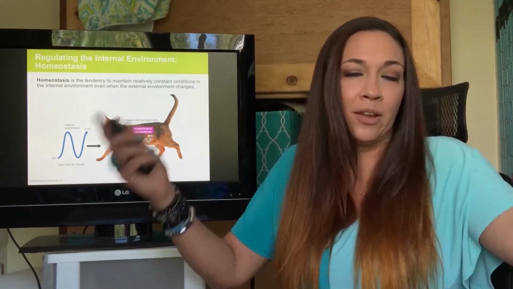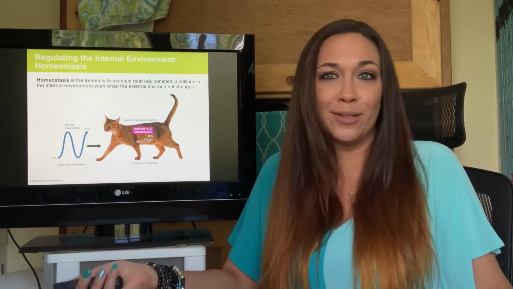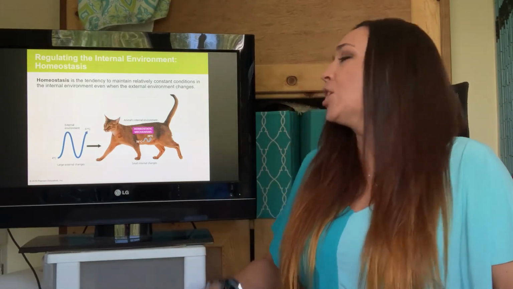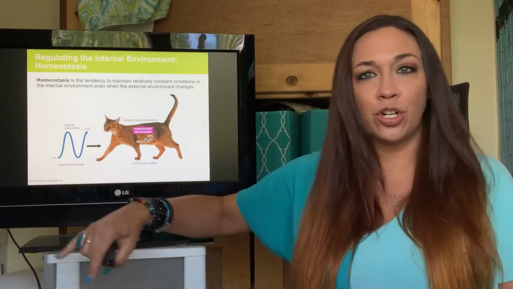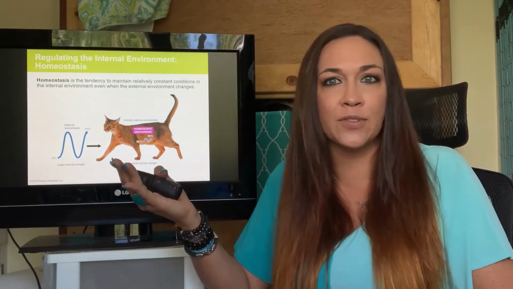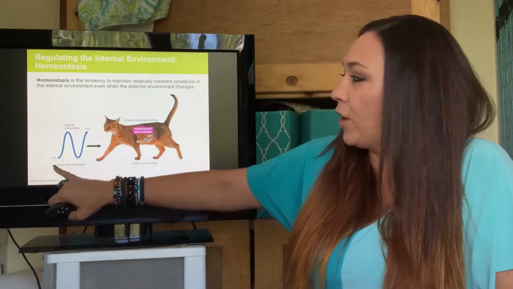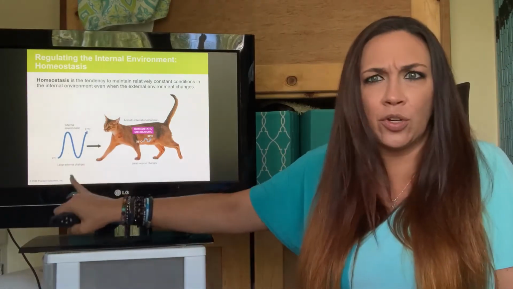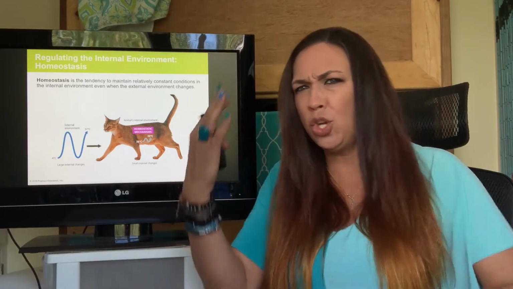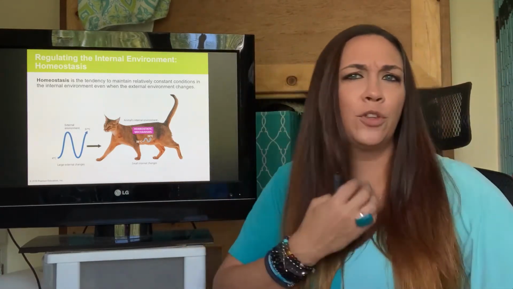Internally, of course. I don't mean affecting the environment around you. That's impossible. But internally is what we're talking about. So what we see right here is these external changes. Maybe you live in the desert and at night it's very cold and in the daytime it's very hot. If externally your temperature fluctuations go like this in a day and internally they mimic that, your processes would be all over the place.